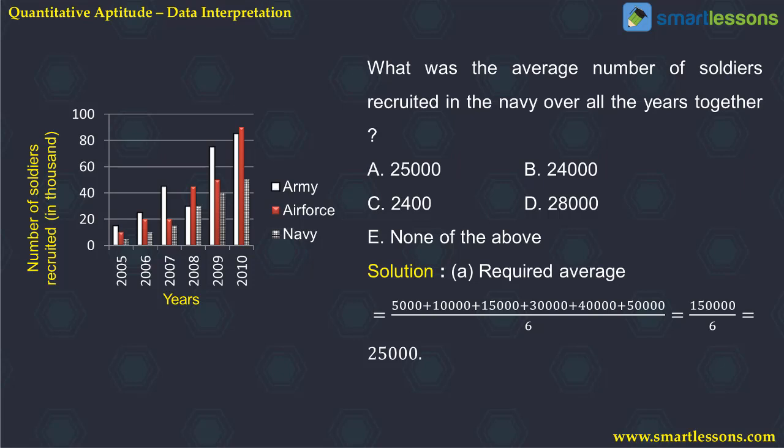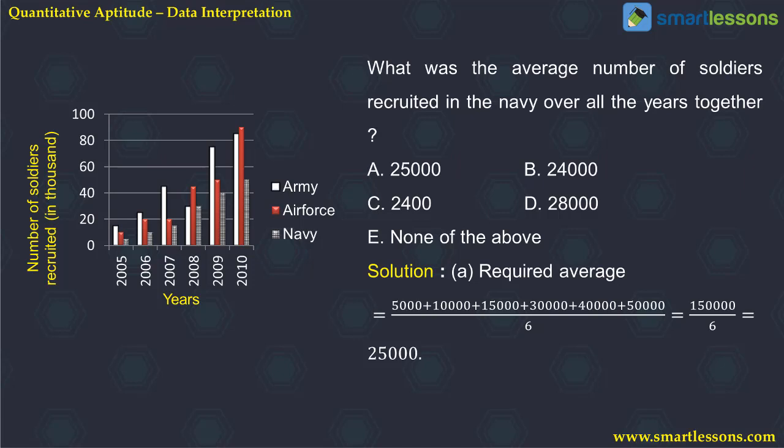Now, in 2005, Indian Navy recruited 5,000 soldiers. In 2006, the number of recruited soldiers was 10,000. In 2007, it was 15,000. 2008, it was 30,000. 2009, it was 40,000, and 2010, the number of soldiers recruited was 50,000.